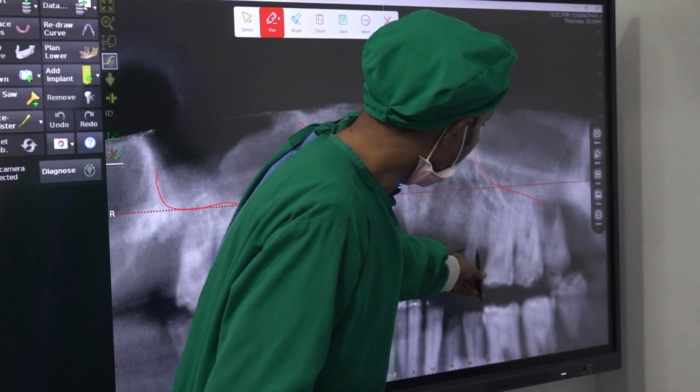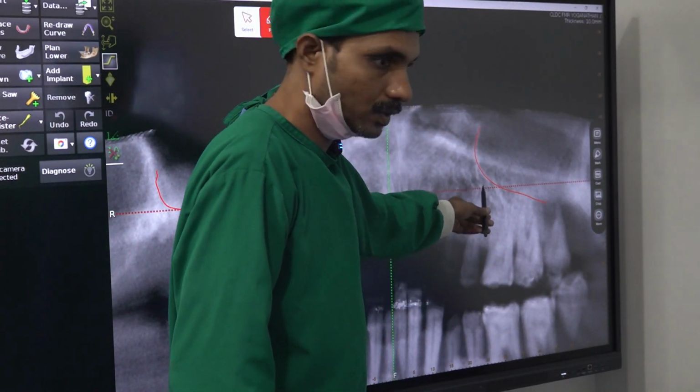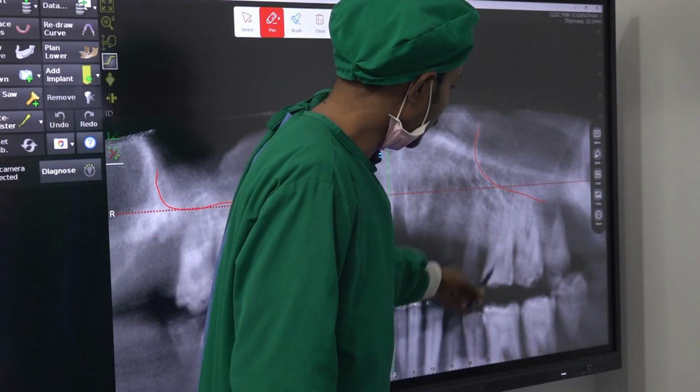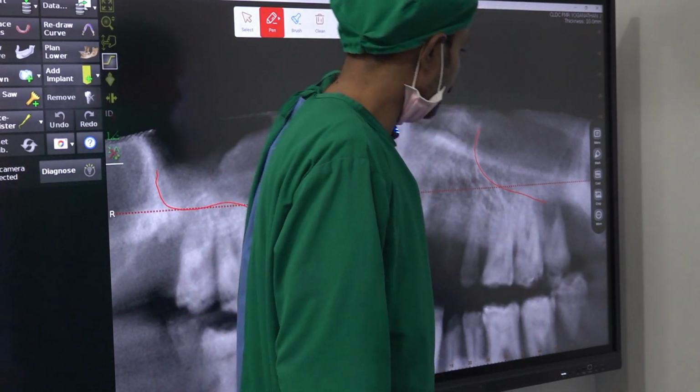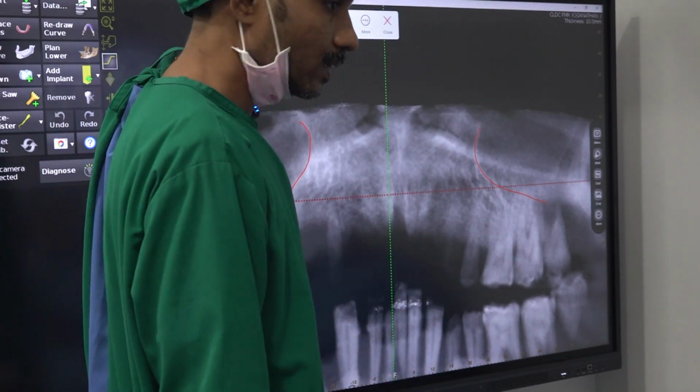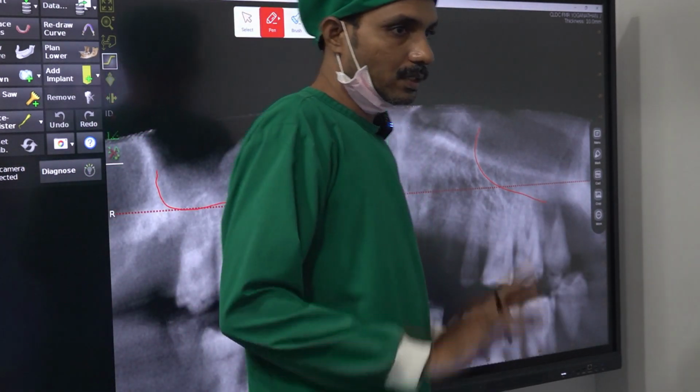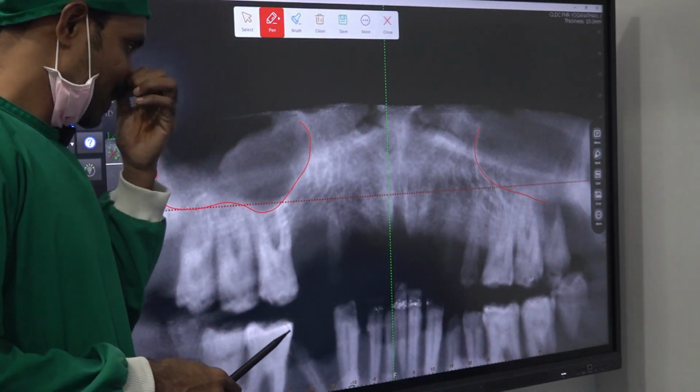Comparatively, the second premolar is good. Even in the first molar actually it is good. So we don't have to go till 8. That is a big relief.